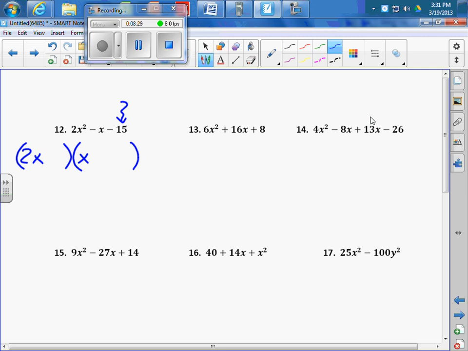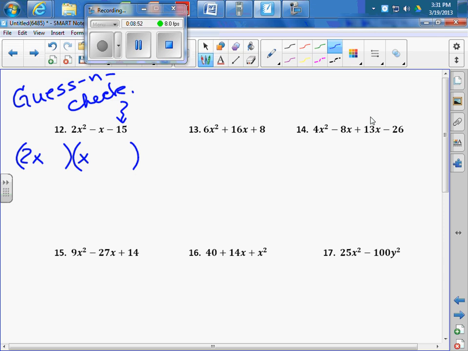But because I have a 2 here in the first spot and a 1x in the second spot, I don't know which one's going to be the plus and which one's going to be the minus. But this process, what we taught in class, was guess and check, right? So let's guess as to what one of the answers would be and see if we're right or not.